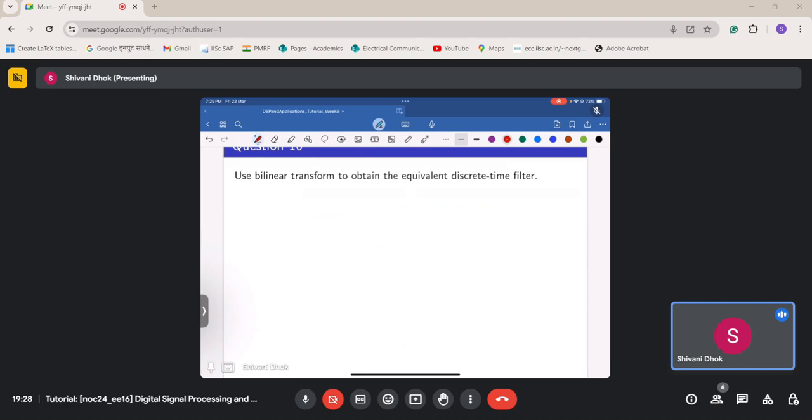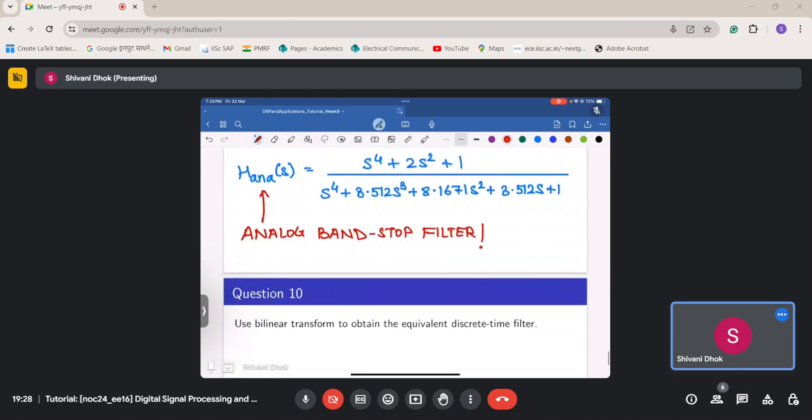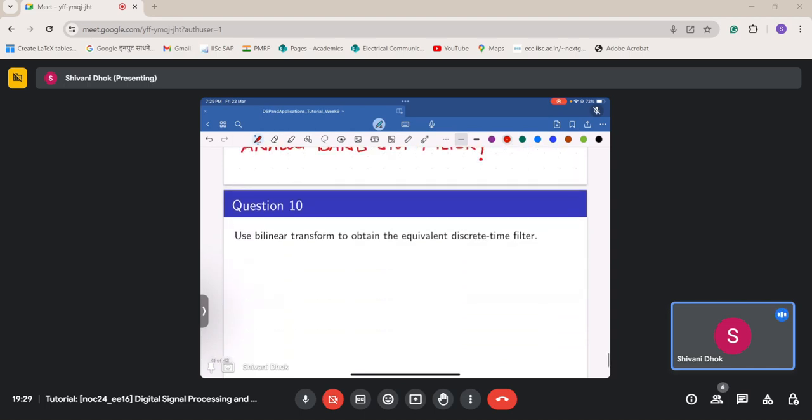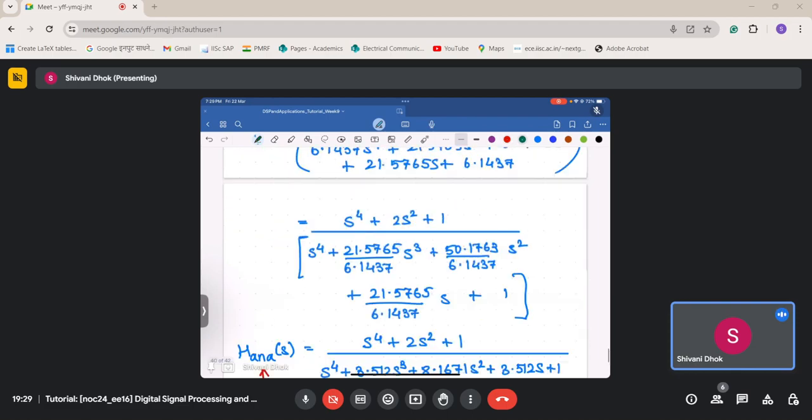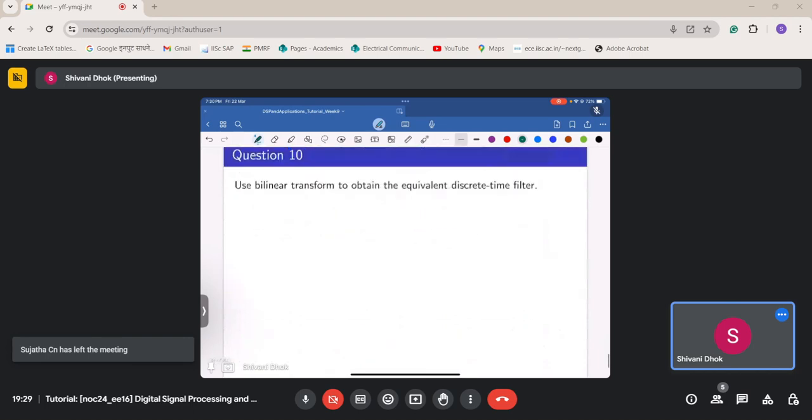So now the last step that remains is we need to convert this analog band stop filter, whatever we had designed, into its discrete time equivalent, and that we'll do through bilinear transform. So the last step, which was step 8.